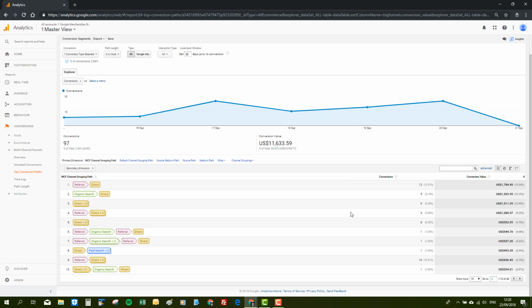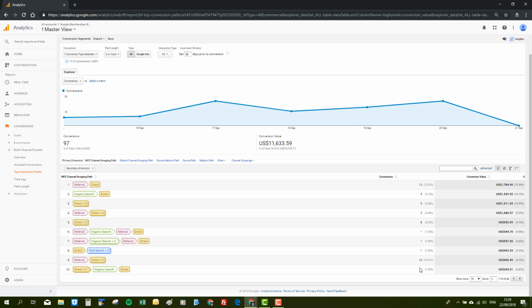So organic search to direct drives a good bit of revenue, but only 5% of conversions. So understanding this journey and maybe amplifying this journey could drive more revenue for us because we know it has a high revenue rate, as opposed to something like direct, organic, direct, which has a lower revenue rate.